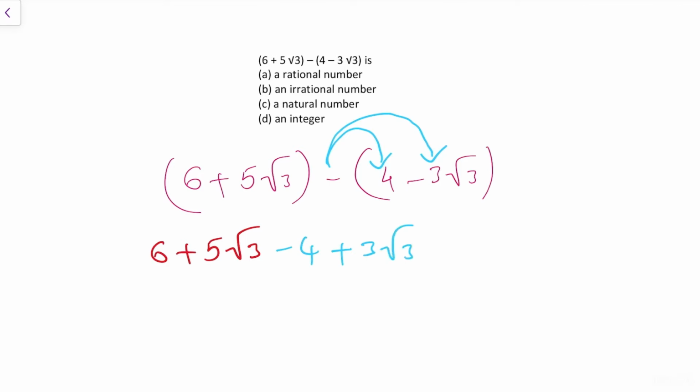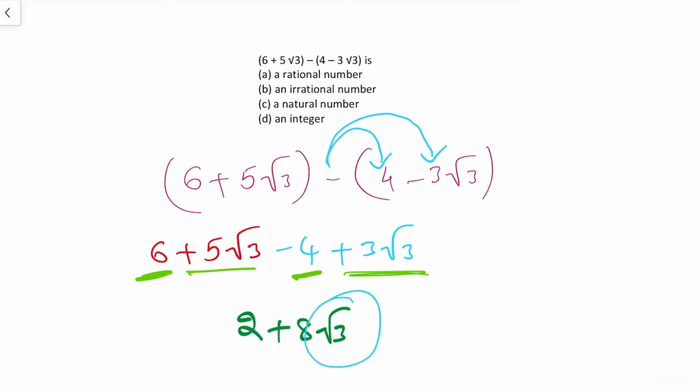Now simplifying further, 6 minus 4 is 2. Next 5 root 3 plus 3 root 3 is 8 root 3, which cannot be simplified further. Root 3 is an irrational number, so definitely this total value will be an irrational number only. So option B is the correct option.